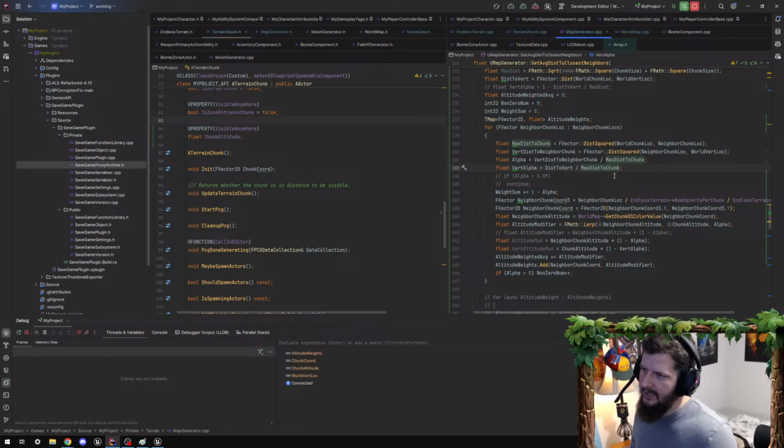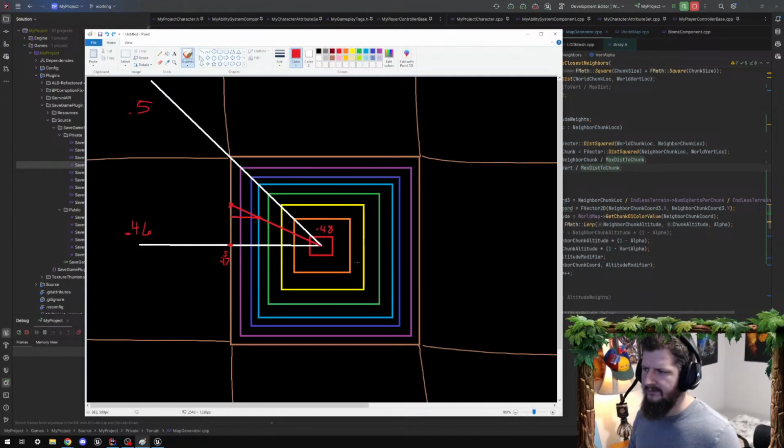So now, rather than having a max distance to chunk, I think I'll still want to use that, but then I also just want to have a weighted value for how much of this. Right, because I'll use this max and divide by this distance to get 0.5.